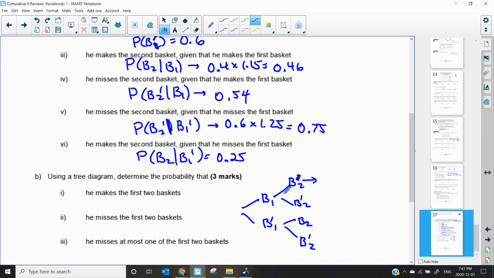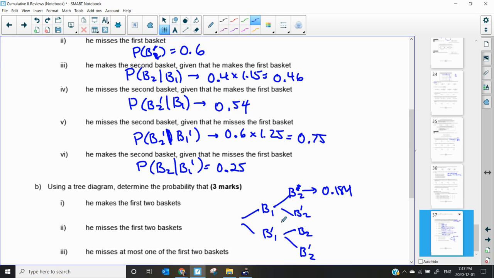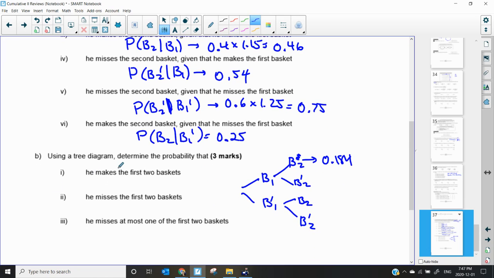And so our probability of B1 and B2 would be 0.4 times 0.46, which gives me 0.184. And we would go down and fill in all of the rest until everything totaled to 1. And then we can use those values to solve the remaining questions.